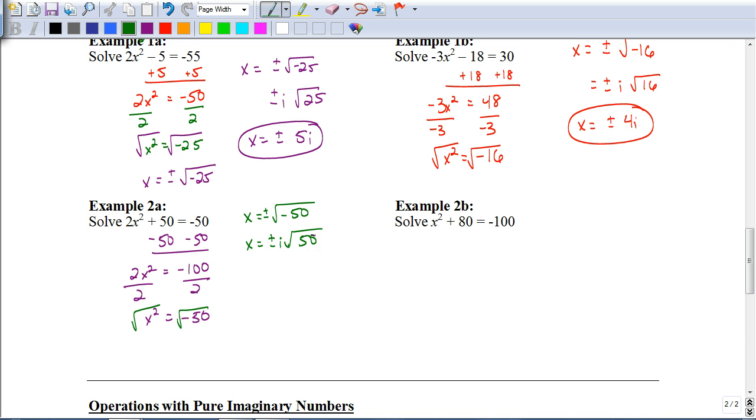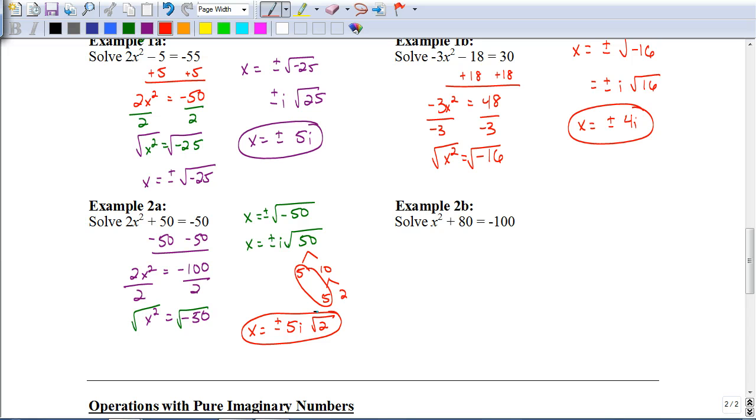But there's no number times itself that gives me exactly 50, so I need to break this down. 50 breaks down into 5 times 10. 10 breaks down into 5 times 2. So again, for every 2 of the same number, I get to take one out. That means my answer is x equals a positive and negative 5i times the square root of 2.